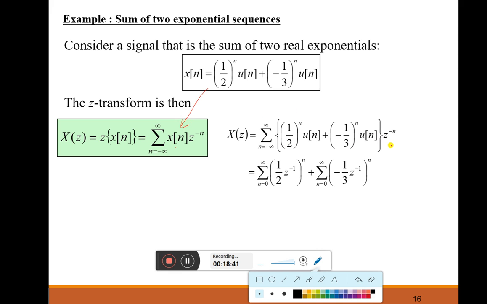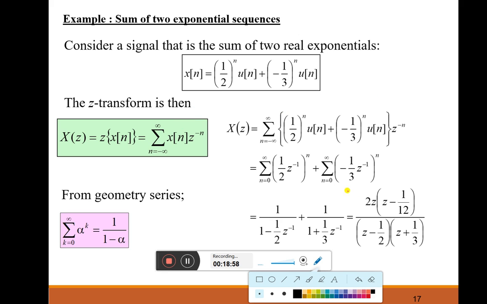So you have this, okay, yang ni tadi x[n], and then kita kembangkan, so you have persamaan yang ini. Alright, now from here kita kena kembangkan lagi using geometric series. Okay, geometric series dia define summation of alpha to the exponent k is equal to 1 over 1 minus alpha.